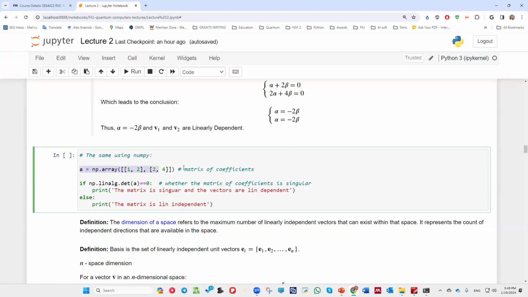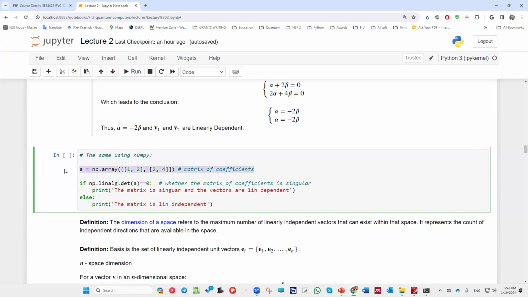Okay, so I write this matrix of coefficients 1, 2, 2, 4. And then there are several ways to check the linear independence of the vectors. For now, we can simply check if the determinant of this matrix is 0 or not. Okay, so if the determinant is 0, then the matrix is singular, and that means that the vectors are linearly dependent.